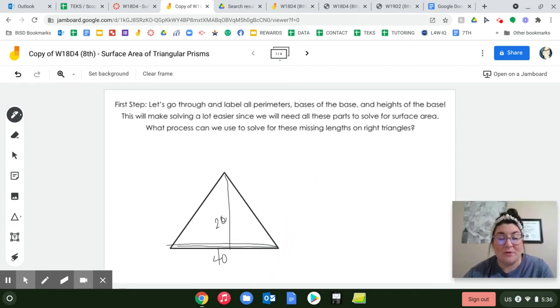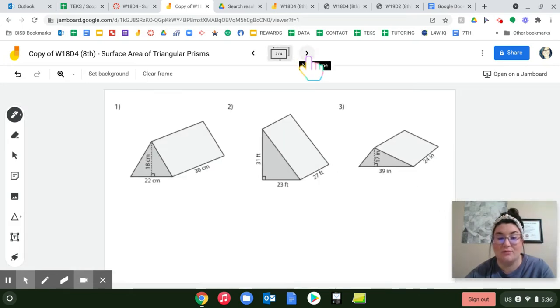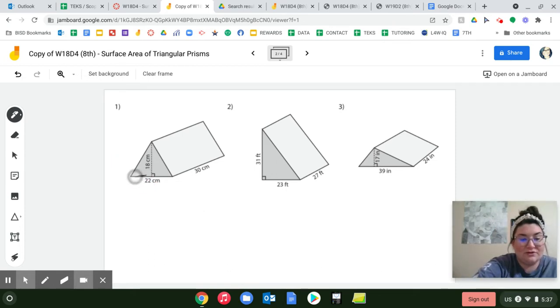So the first step that we really would need to do before we start going on and plugging things into formulas is let's go solve for all of those perimeters, bases, and heights. So here we have the base and the height of the base. But remember, in lateral surface area, the first thing we need to do is find the perimeter of the base times height. So in order to solve for this, we have to also know that half of this right here is 11.